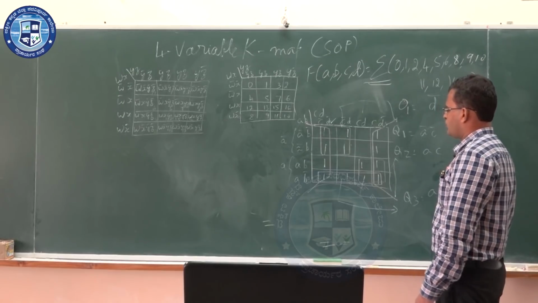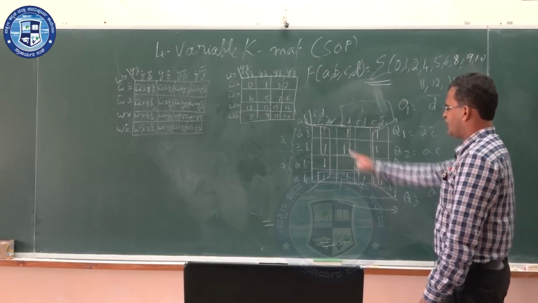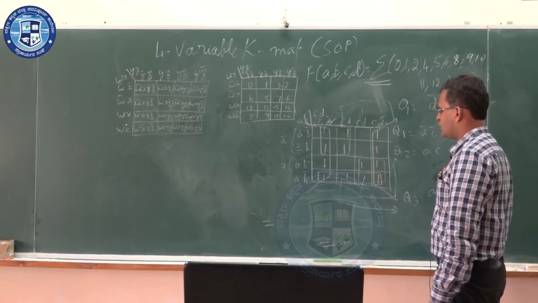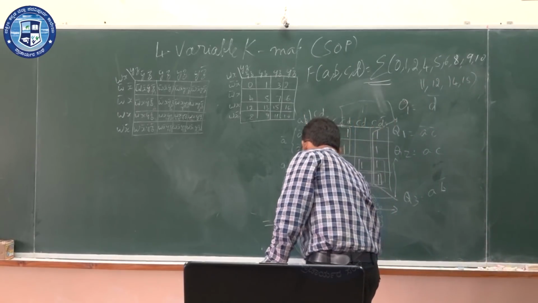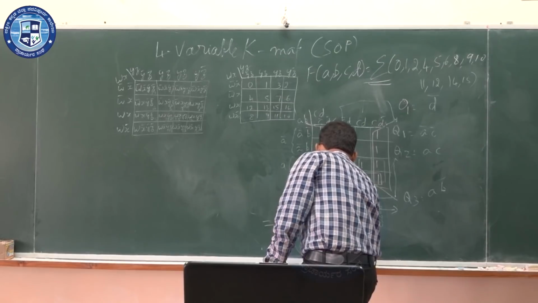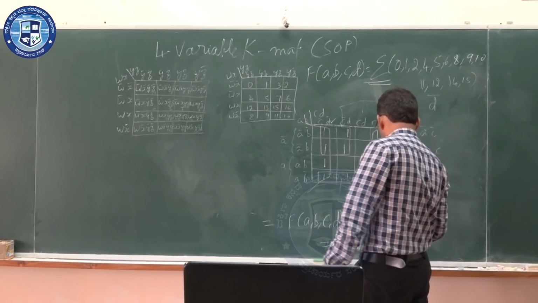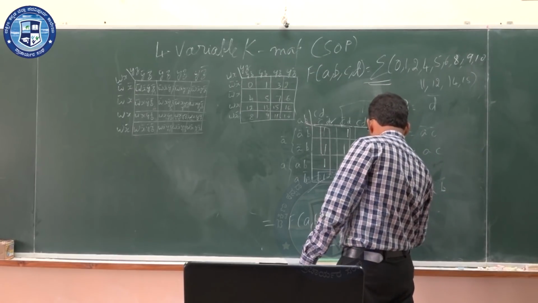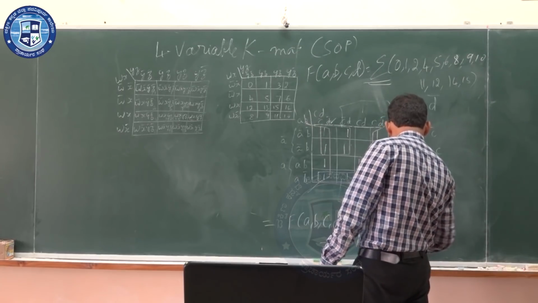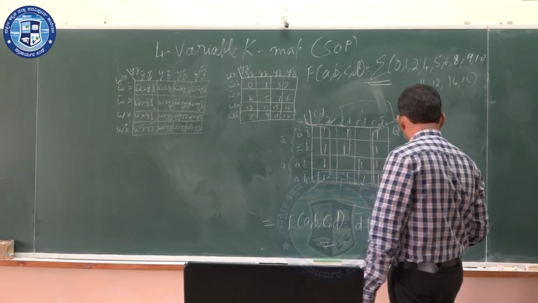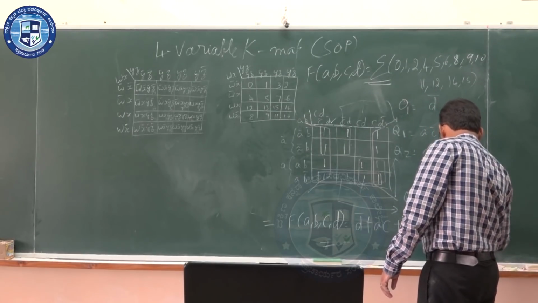And next, we have the answer to be written. So, 1 quad, second quad, third quad and 1 octet. So, the final expression will be f of A B C D is equal to D bar plus A bar C bar plus AC plus AB bar.